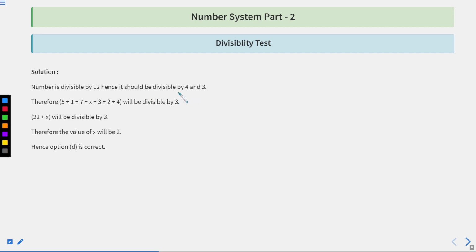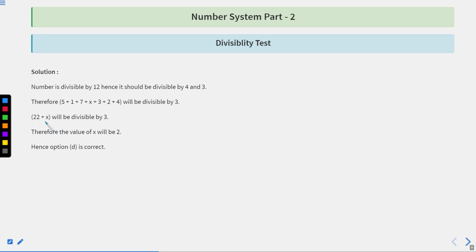It is very obvious that if a number is divisible by 12, it should be divisible by 3 and 4 as well, because 12 is equal to 4 times 3. Therefore, the sum of the digits of the number will be divisible by 3. On simplification, what do we have here? 22 plus x, and it should be divisible by 3. Therefore, the value of x will be 2.